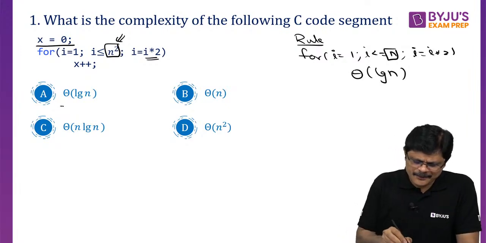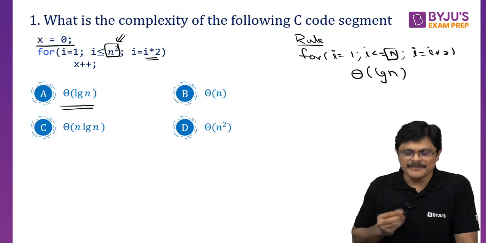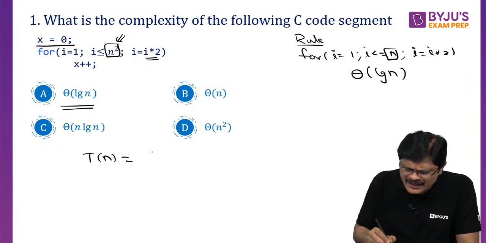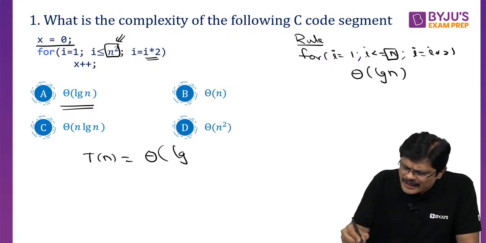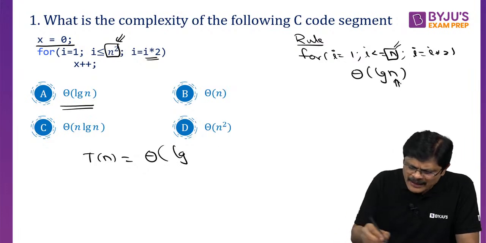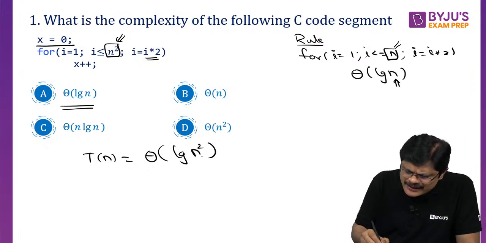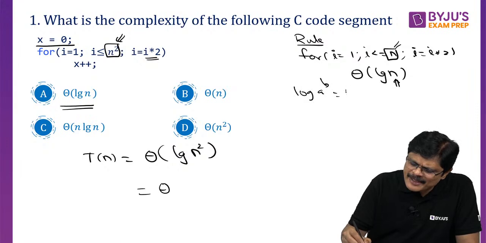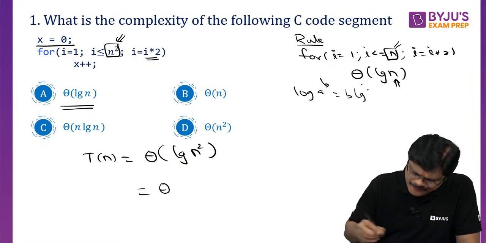Yay, log n. Beautiful, AB. Now look here. What is happening here? Instead of n, it is n square. So the complexity would be theta log. See, if it is n, it is log n. But instead of n, what is there? n square. So you get theta log n square. But that is nothing but, because log a power b can always be written as b log a.